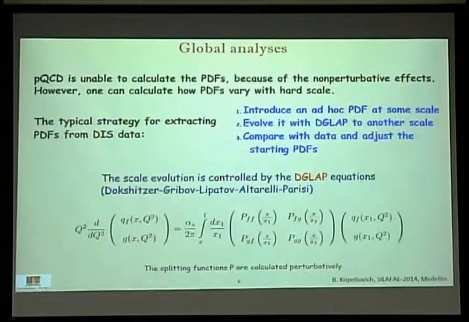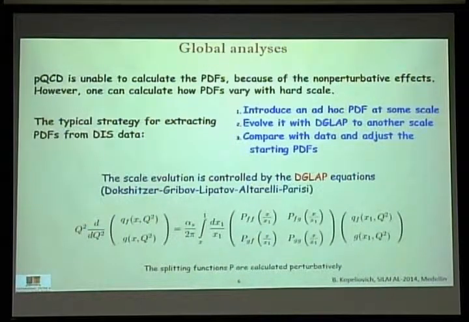You make some parameterization, introduce parameters at some starting scale, which already brings uncertainty. You don't know where your perturbative evolution and factorization start working. So usually it's 1 to 2 GeV Q squared as the starting scale, and then you can evolve this parameterized initial distribution up to any Q squared and compare with many points at different Q squared.